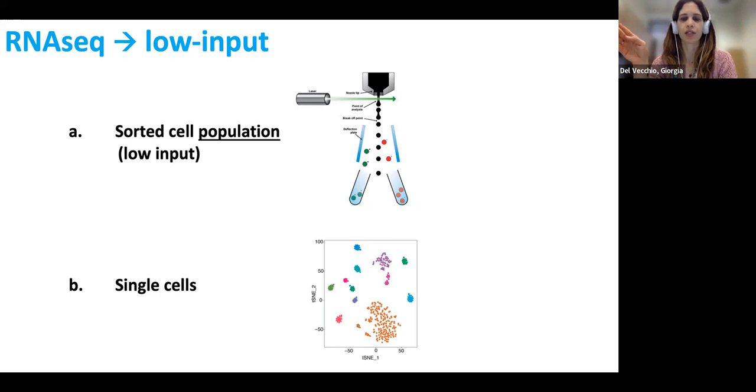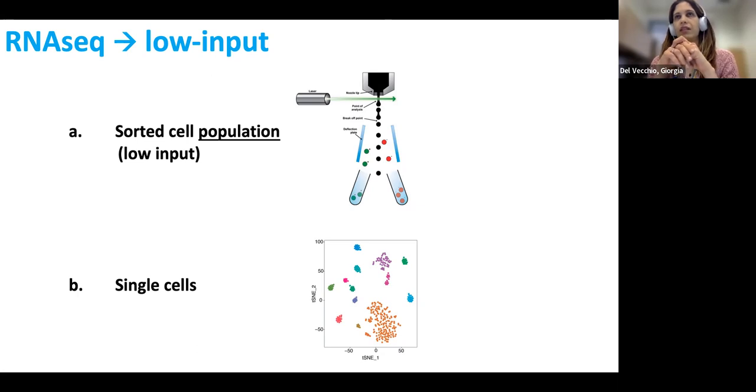If you are sorting for a specific subpopulation of cells, and you are interested in only that specific cell population, you will for sure have a low amount of RNA to start with.